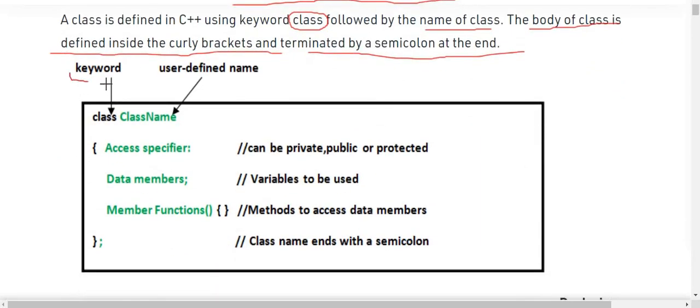So we have our keyword, then our name, then our access specifier, which can be either private, public or protected. Then we have our data members, variables, then our member functions.